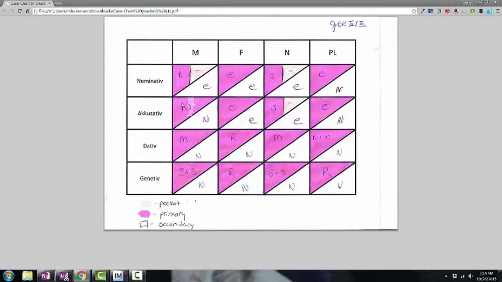Only in the masculine column. Anything that was der or didn't have an ending for the ein words becomes an N. So we have den or einen. And then the secondary ending, the same thing happens. We have an N instead of an E. All the other ones look exactly like nominative endings. So just remember that you have a change in the masculine column. That's all you need to know.